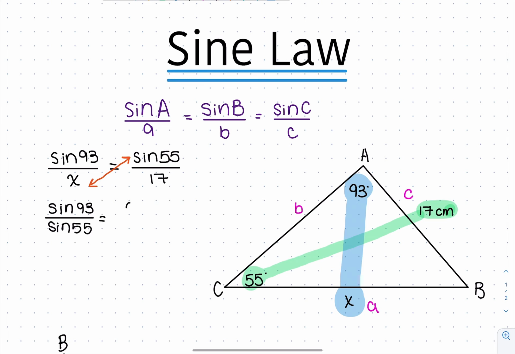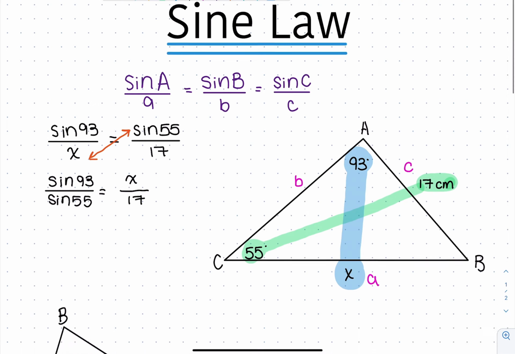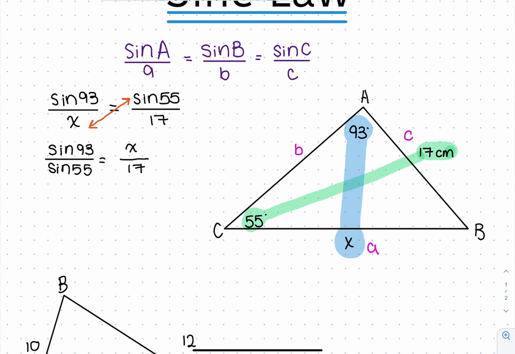This gives us x over 17. Now to get x by itself, we're just going to bring over that 17 and multiply it by this. So we'll have 17 multiplied by sine 93 over sine 55.